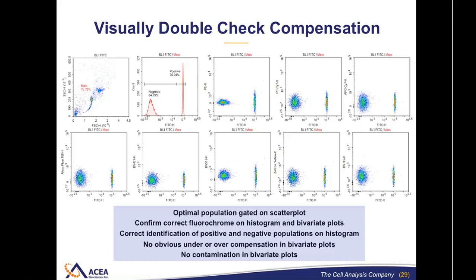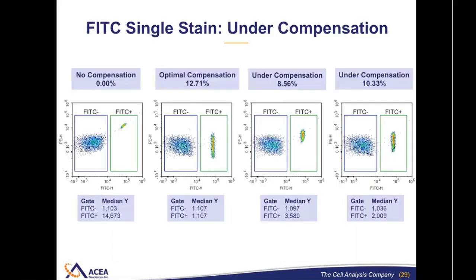I've just mentioned how valuable visually double checking your compensation data can be, but there are times when visualization alone can mislead you, and I'll show you a couple examples next. This slide shows the same FITC single-chain control sample that we've been working with, and all the plots are FITC versus PE. The first panel has no compensation, and the second panel has the optimal compensation applied.